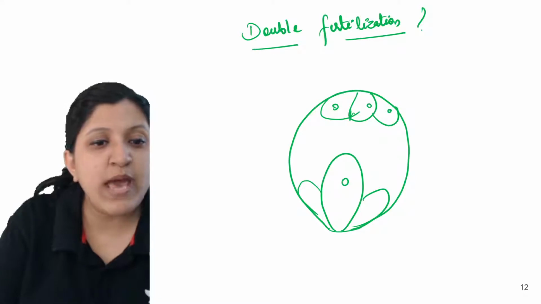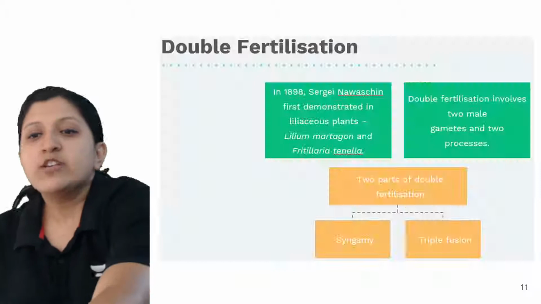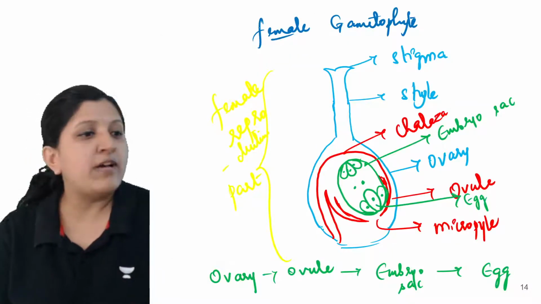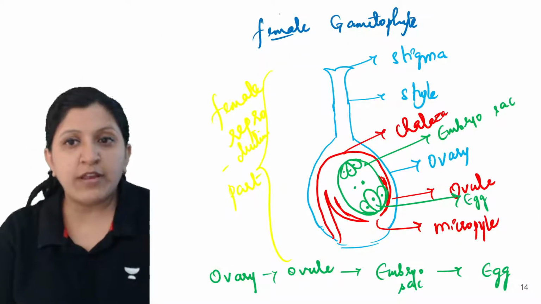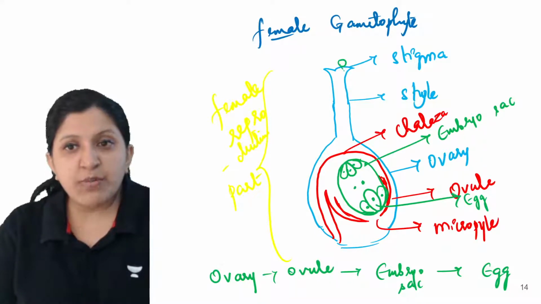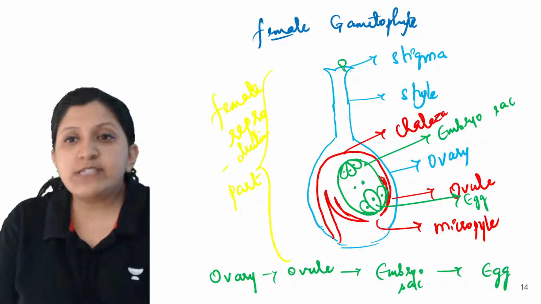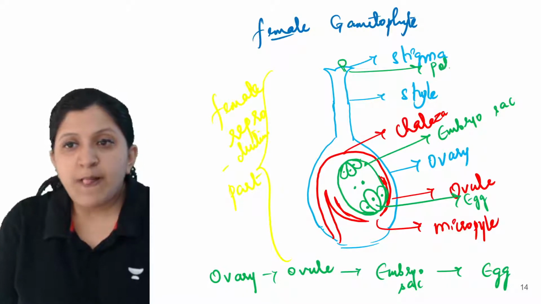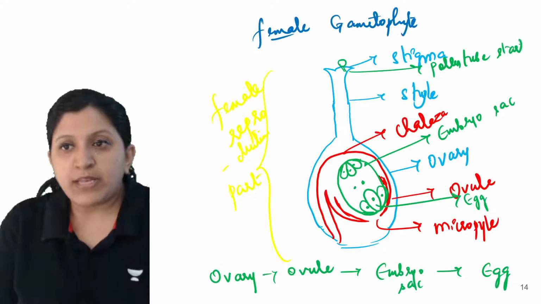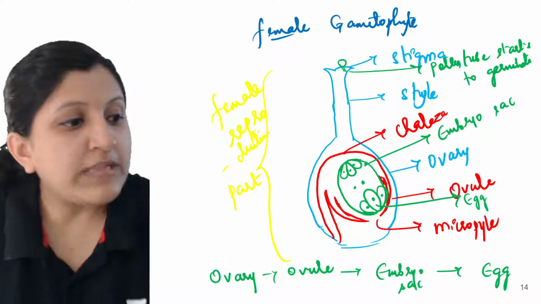Now as soon as the stigma, on top here you can see, starts to interact with the pollen grain which has reached here, it will allow the germination of the pollen tube. Okay, so the pollen tube will start to germinate. So this is basically the pollen tube.